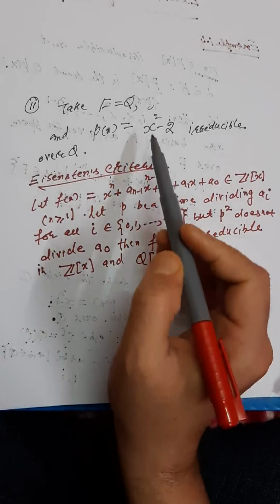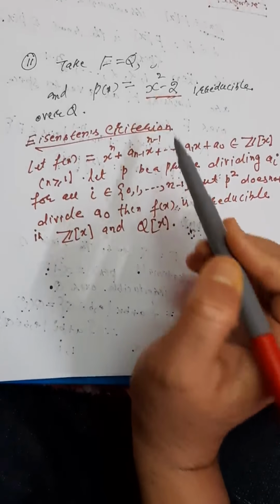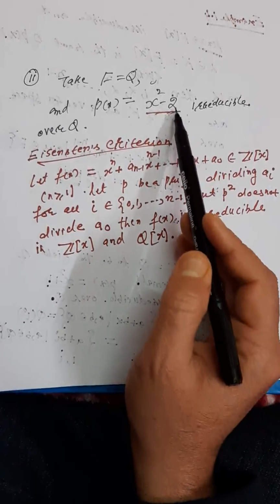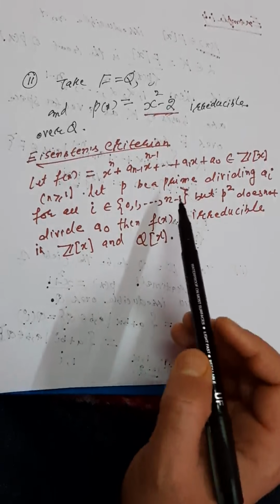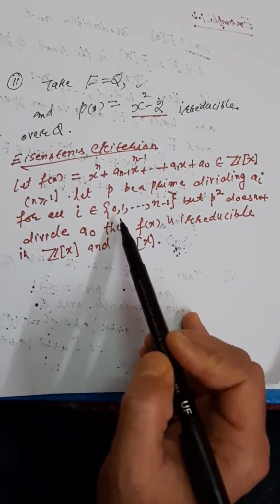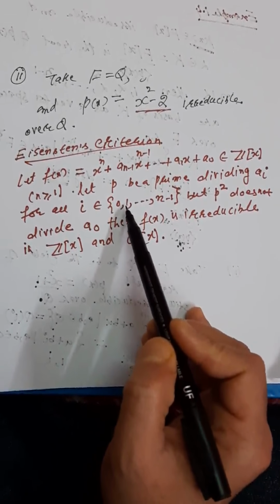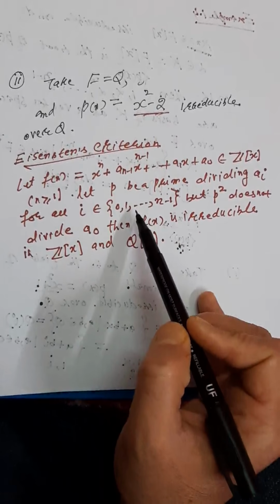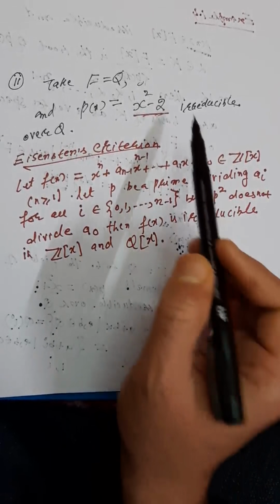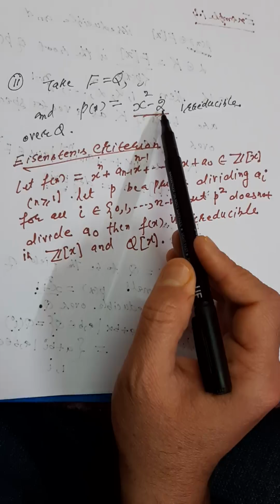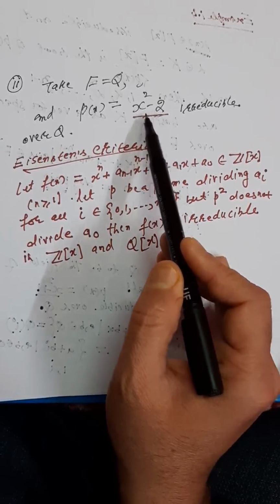Now coming back to this polynomial, see how we can apply Eisenstein's criterion to it. Here 2 is a prime. Note that a0 here is minus 2, and the rest up to n minus 1 are all 0, and obviously minus 2 divides itself and also divides 0.